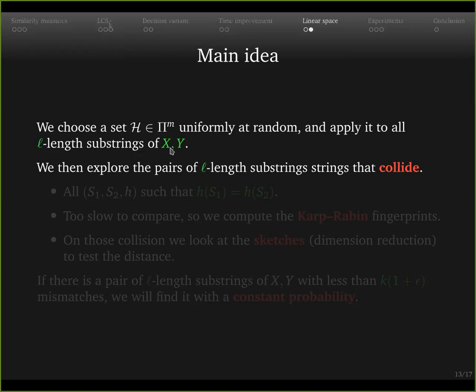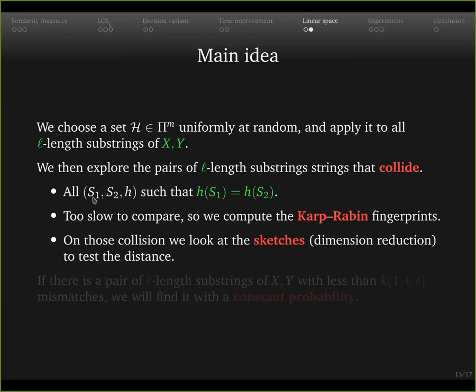So we take this set of hash functions and apply them all to all L-length substrings of X and Y. And we explore the pairs of L-length substrings that collide, meaning all triples S1, S2, and h, so that h(S1) equals h(S2). But it might be too slow to compare naively h(S1) and h(S2), so we actually use Karp-Rabin fingerprints of those hashes to know if they're equal.